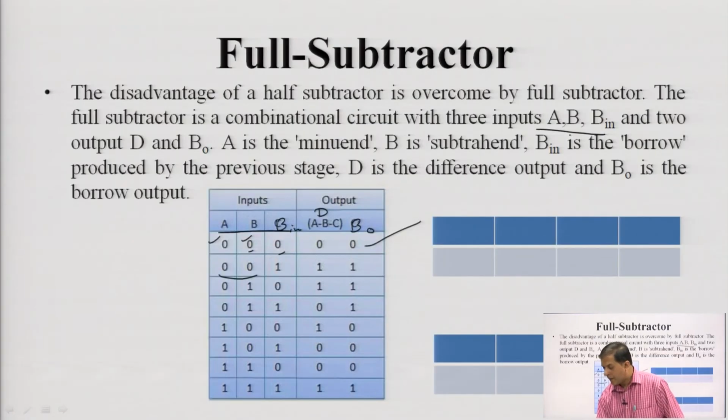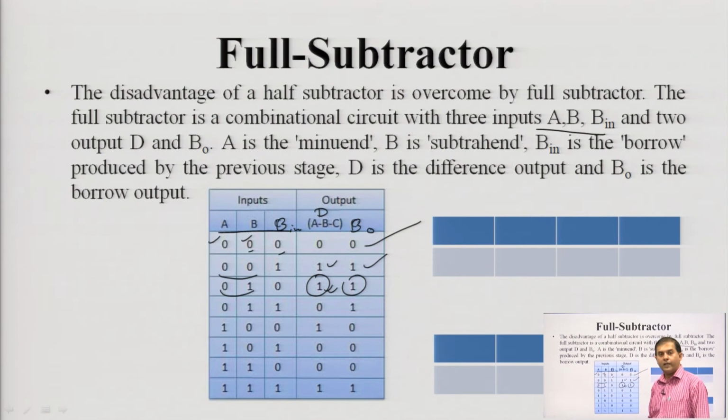So, here difference is also 1 and borrow is also 1. Next 0 comma 1, so difference will be 1 and borrow will also be 1. And 1 minus 0, difference will remain 1. Next 0 comma 1, so difference will be 1 and borrow will be 1.